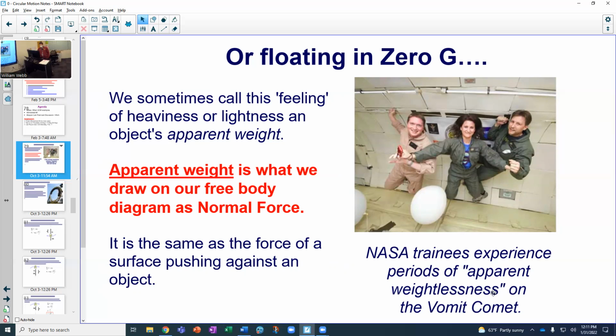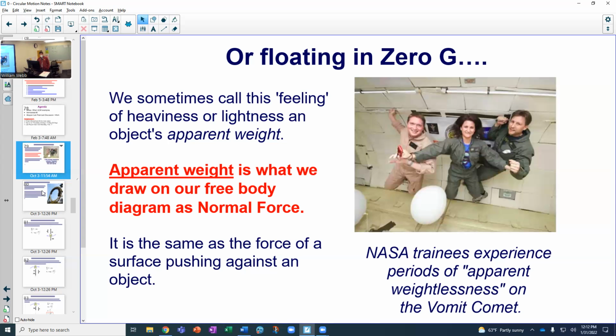If they use the term apparent weightlessness, what that means is the normal force, or whatever is causing the tension or normal force, goes to 0. We're going to look at an example of that in a minute. If they say find the apparent weight, they're really saying find the normal force. If they say find when it would be apparent weightlessness, that just means find when the normal force is 0, or find when the tension force is 0, depending on what's causing the centripetal motion.